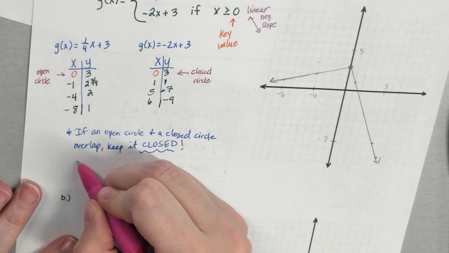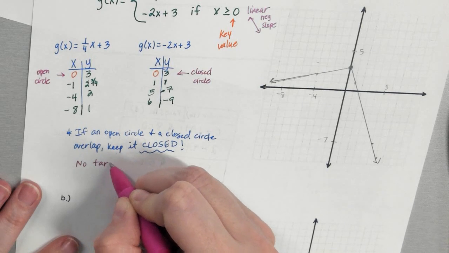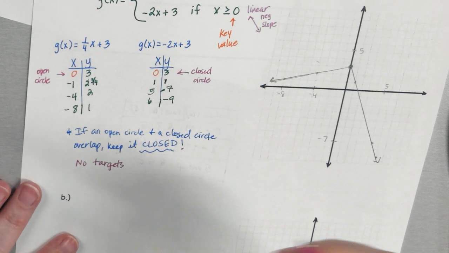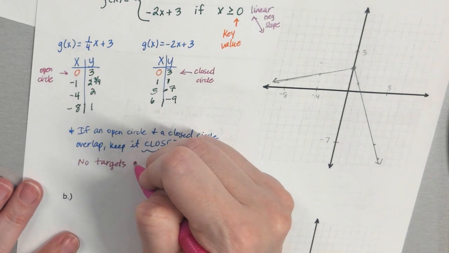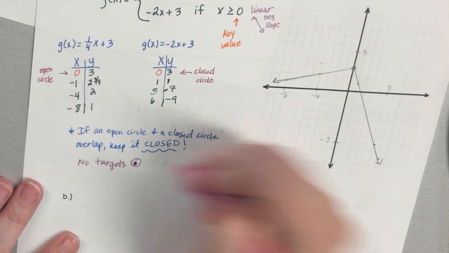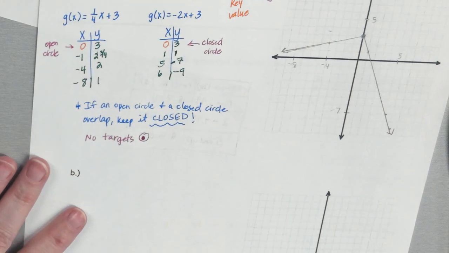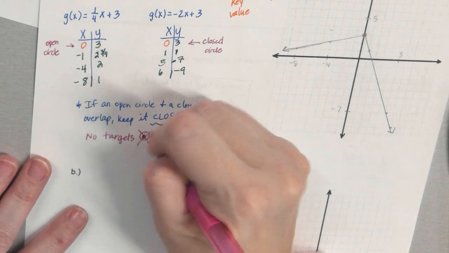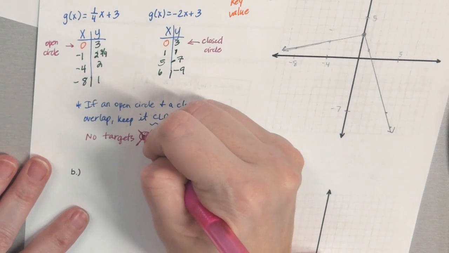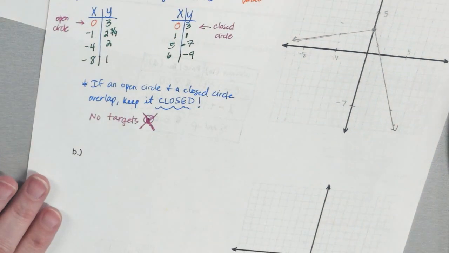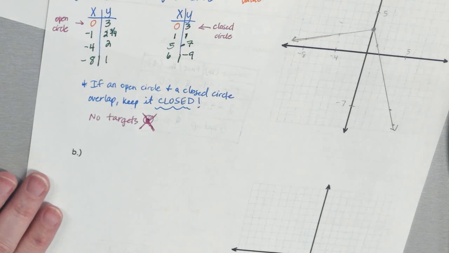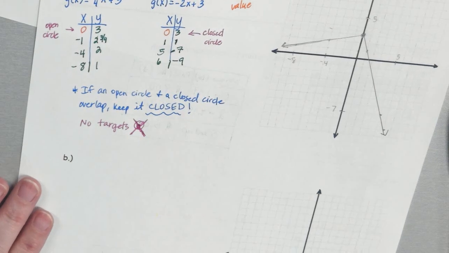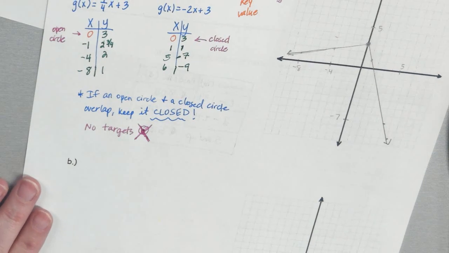We love target, but there are no targets here, okay, because sometimes people are like, oh, there's a closed circle and an open circle. I'm just going to put one around the other. Don't do it. Do not do it. Okay, so the closed trumps it. Okay, so the closed circle will fill that one in.